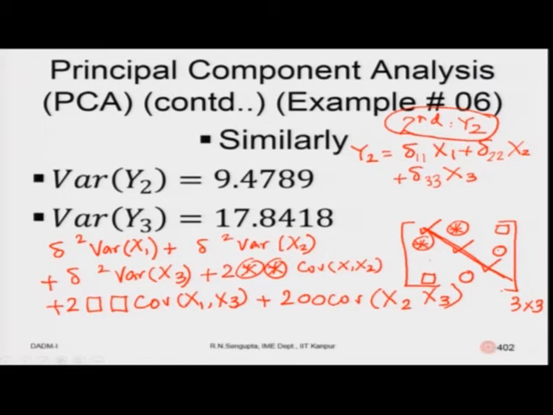So once we have this for y2, we find out the value of the variance of y2, this second case, and then the variance of y3. So based on that, we will proceed step by step to find out the variability and the eigenvectors, which would come out from the corresponding case of the variance of y1, y2, y3.